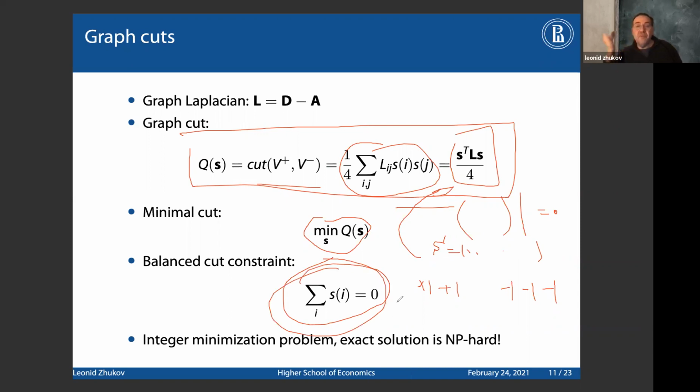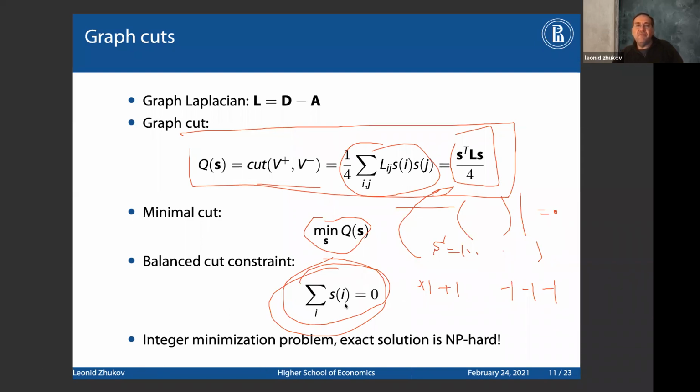So it is an integer minimization problem. Honestly, it's not helpful to us, because integer programming is again NP hard. So we just expressed the graph partitioning problem as an integer programming problem.